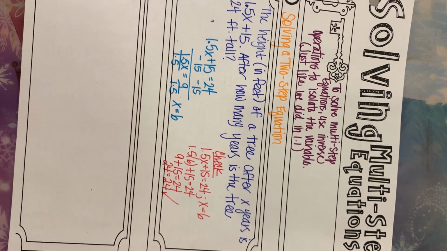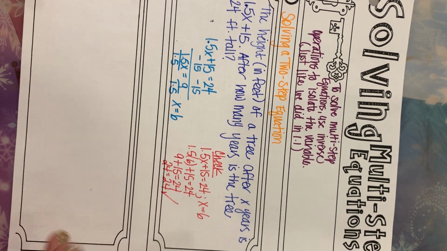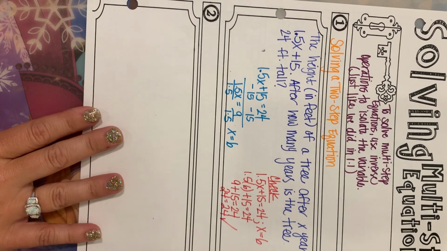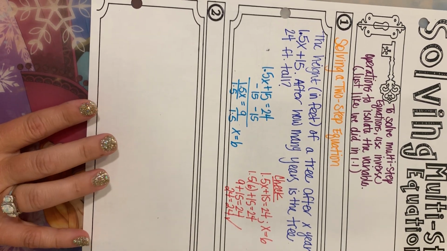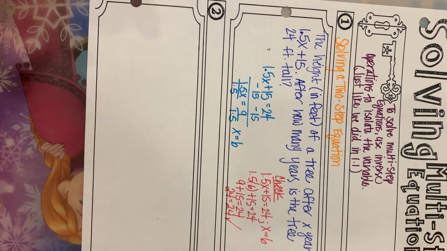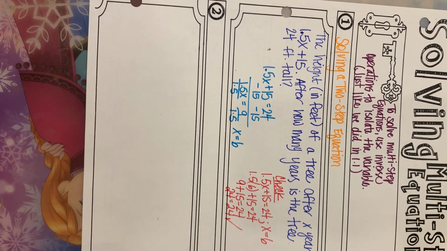And we proved that left side is equal to the right side mathematically. So we're finished with example 1. So that's just a basic example of a two-step equation. So now they're going to add in an extra step before we can follow that solving.